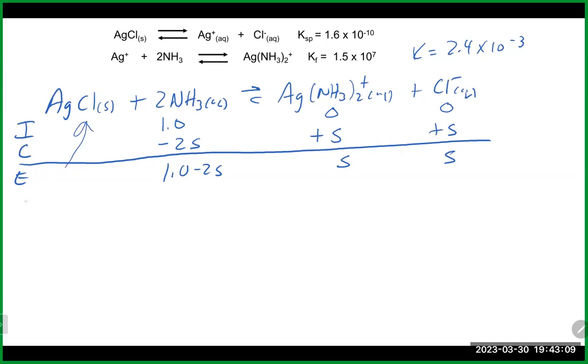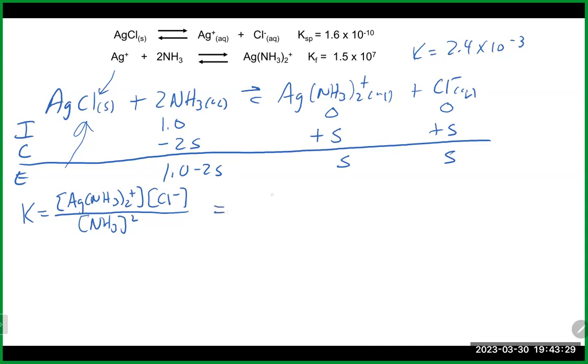So this is going to go into our equilibrium expression, which is our products divided by our reactants. And here we do need to square it, and we are not going to include this guy, which obviously is a solid.